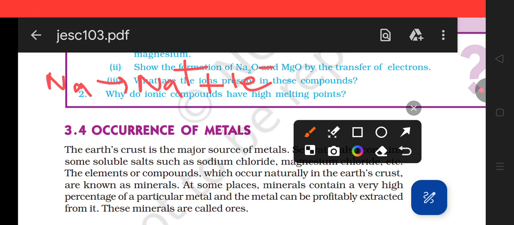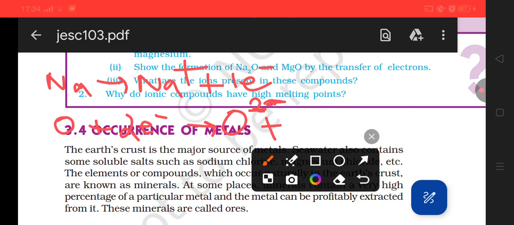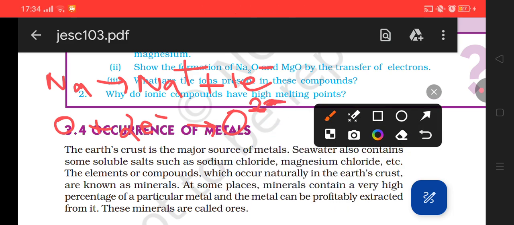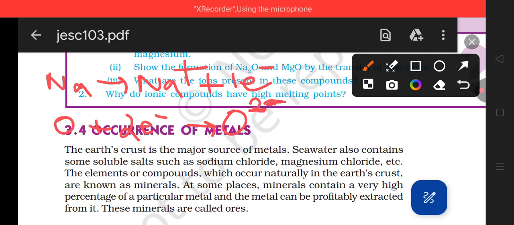And oxygen plus 2 electrons will provide me oxygen 2 negative. Now if you see, this is what is happening, this we have to write.